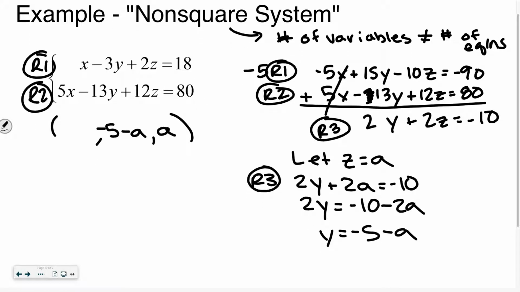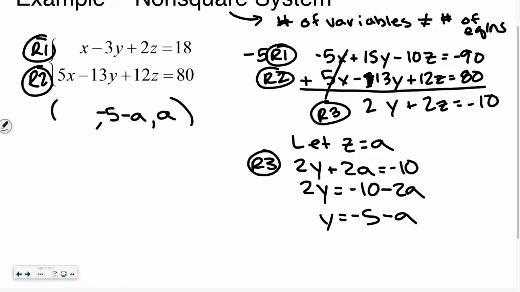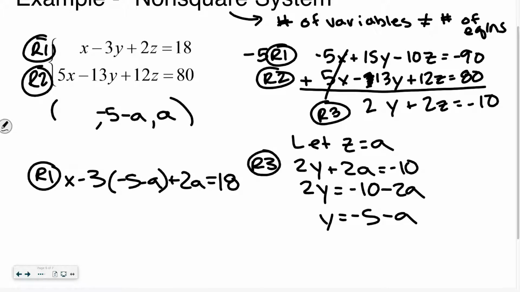And then I can plug that into either row 1 or row 2. It doesn't matter which one, and solve for x. I'm going to choose row 1. x minus 3 times negative 5 minus a plus 2a is equal to 18. Distribute, combine like terms, get x all by itself.